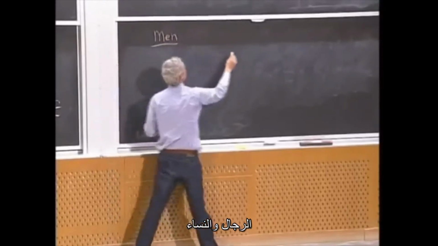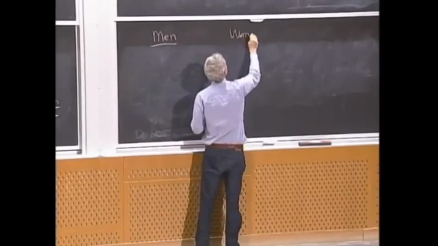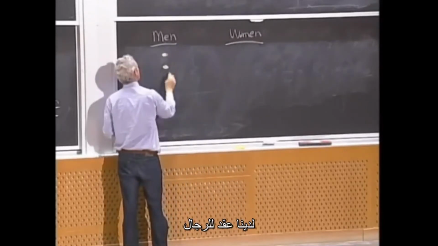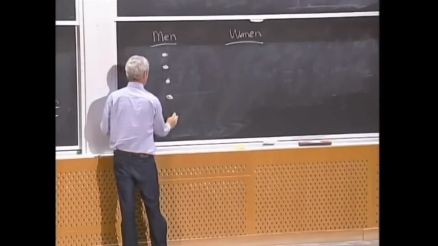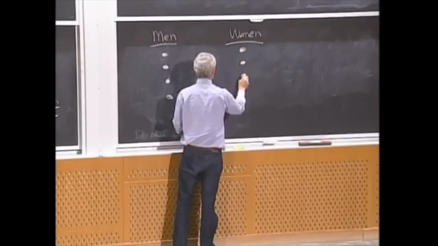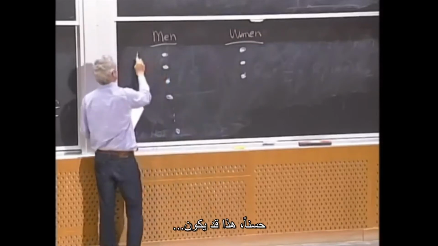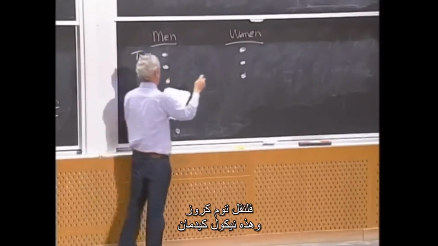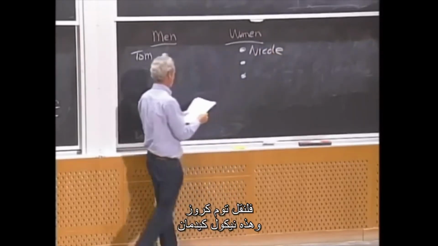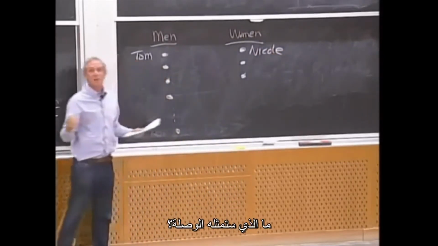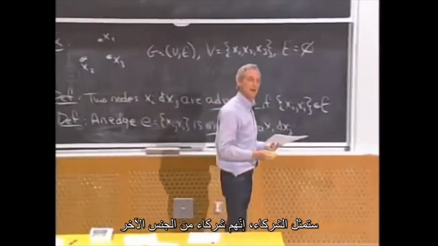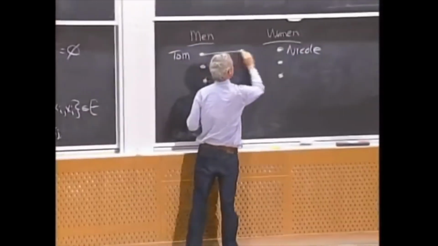There's men and women. All right, and we got nodes here for the men. And in fact, in America, there's a lot of nodes here. All right, and so this might be, oh, I don't know, say that's Tom Cruise and Nicole Kidman. Now, what's the edge going to represent? Partners. All right, they were opposite gender partners.